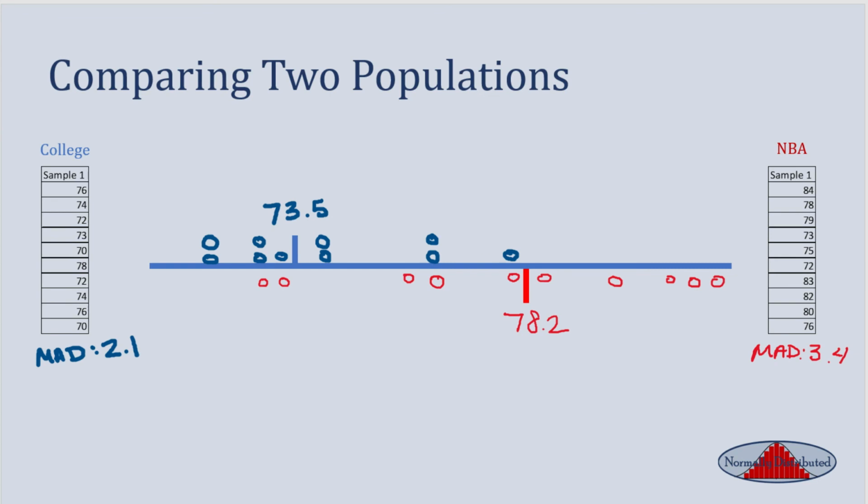So based on what we're looking at on this dot plot, as well as the mean absolute deviation, the sample from our NBA players seems to have a lot more variability. And on average, the NBA players seem to be taller. That is one fun way that you can compare two populations using random sampling.